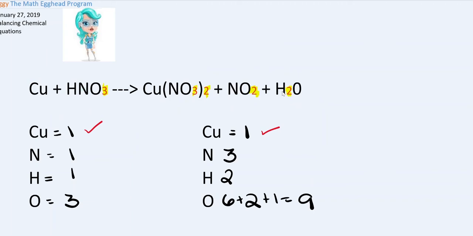Now, instead of dealing with nitrogen next, I am personally going to start balancing hydrogen. I see that hydrogen on the product side has 2, and hydrogen on the reactant side only has 1. So let me change this coefficient to 2. And now that's going to change my entire equation.